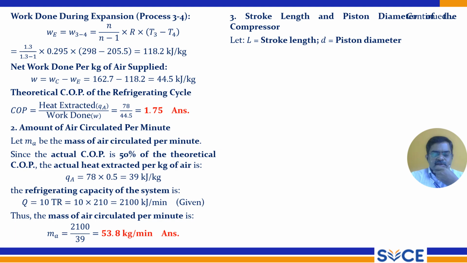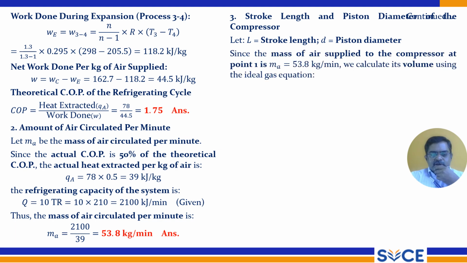Let L equal the stroke length, D the piston diameter. We have to find these. Since the mass of air supplied to the compressor at point 1 is MA, equal to 53.8 kg per minute, we can calculate its volume using the ideal gas equation.